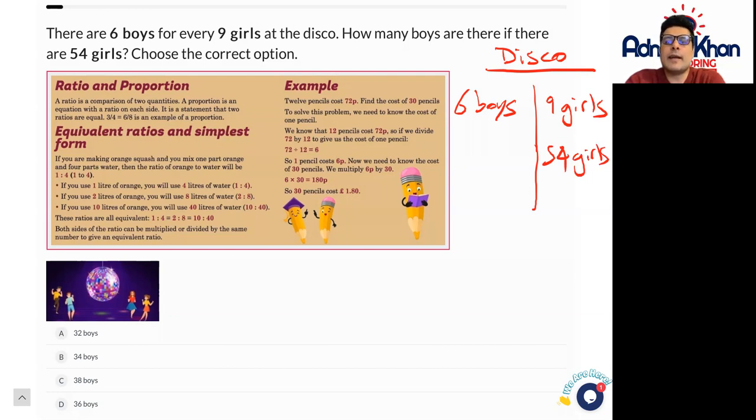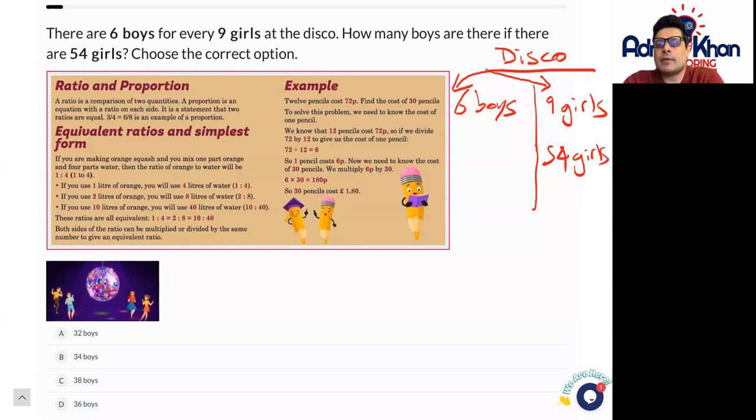Now we just have to find out what the factor is and how we're going to actually work out this particular question. So in order to work out the next part, we need to find out what the factor is from 6 to 9 and 9 to 6. So in other words, how do we get from 6 to 9 and from 9 to 6, vice versa?